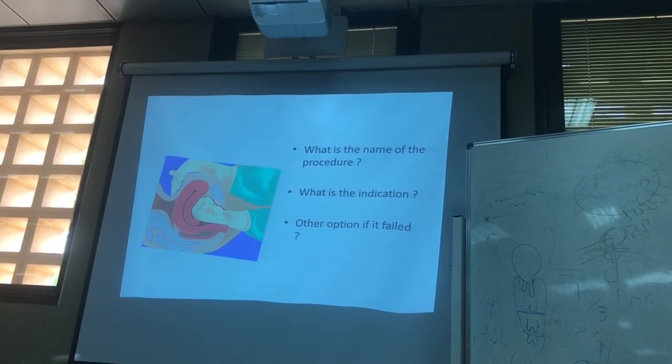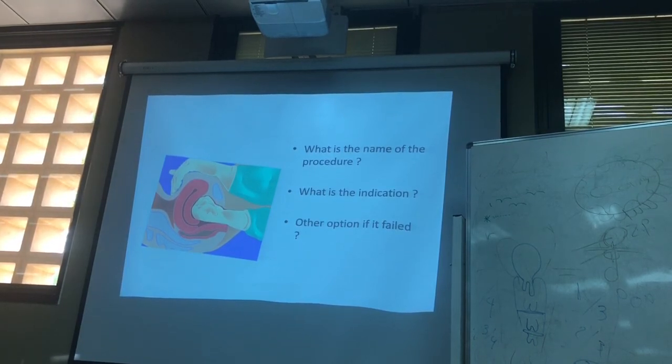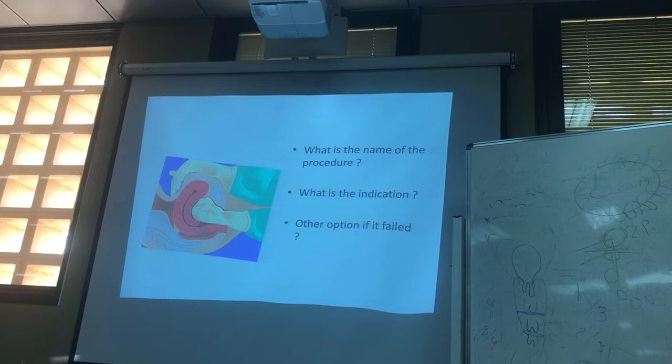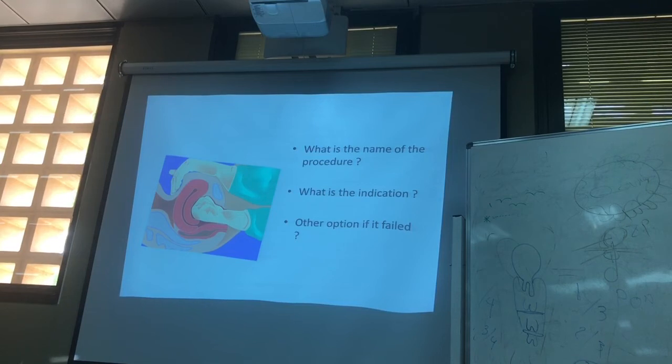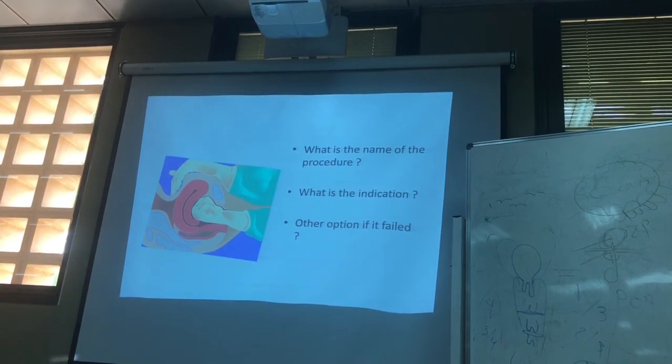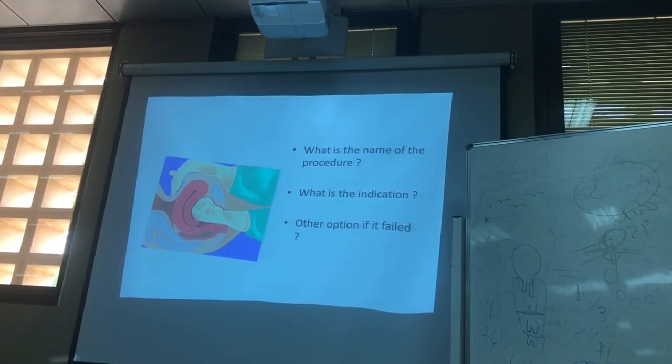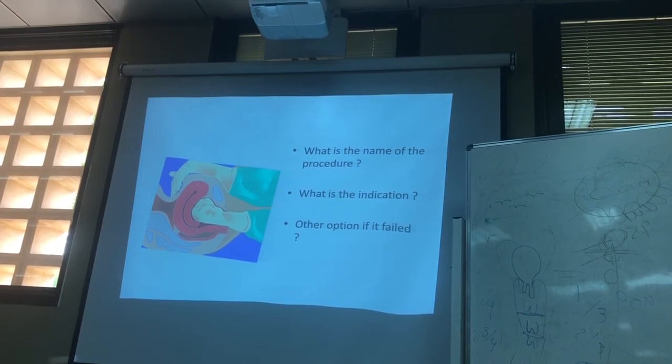What's the indication for doing bimanual compression? Bleeding intrapartum? Do you see a baby here? This is for postpartum hemorrhage. Do you do bimanual compression for all postpartum hemorrhage? No. For what? Caused by what? Atony.